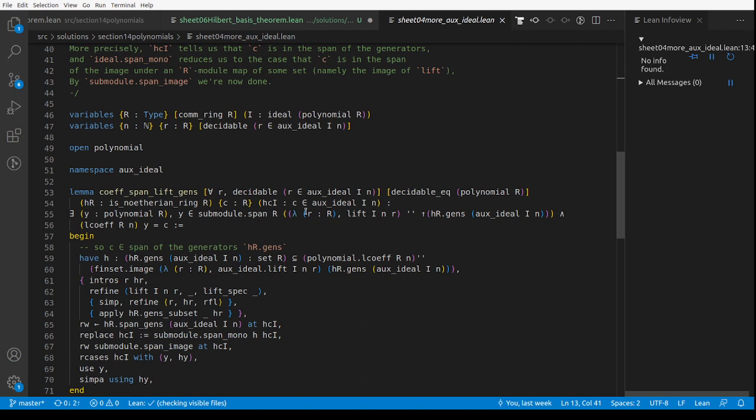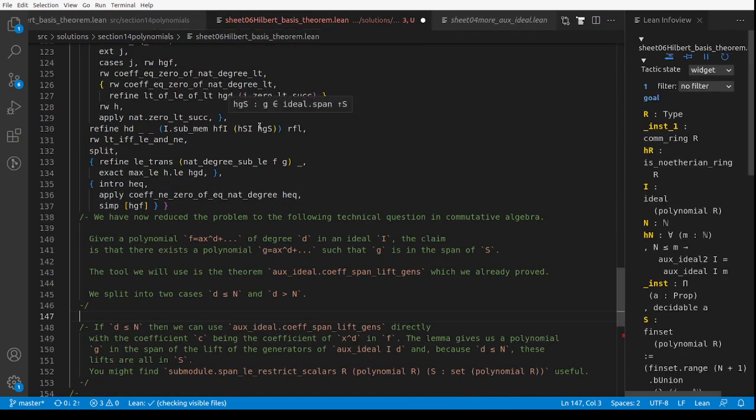So, for example, I can use the leading coefficient of f. Then I can find a polynomial which is in some span, which is a subset of S, and the leading coefficient of this polynomial is C. So this is what I need to use, and the proof splits into two parts.